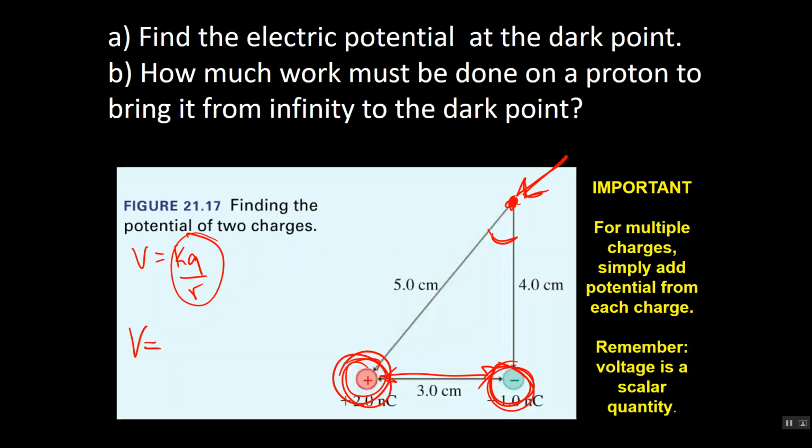So let's do that. So we have K times 2 nanocoulombs, positive 2 nanocoulombs, over R, which is 5 centimeters, plus the potential from the other charge, which is negative K times 1.0 nanocoulombs over 0.04 meters.